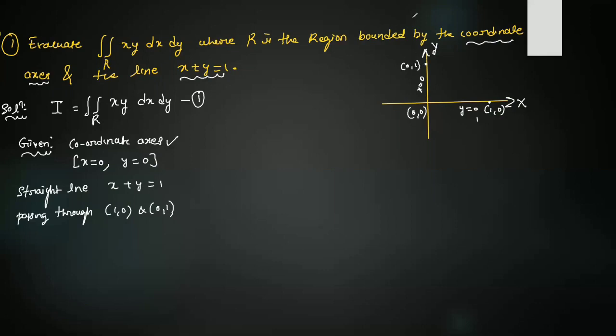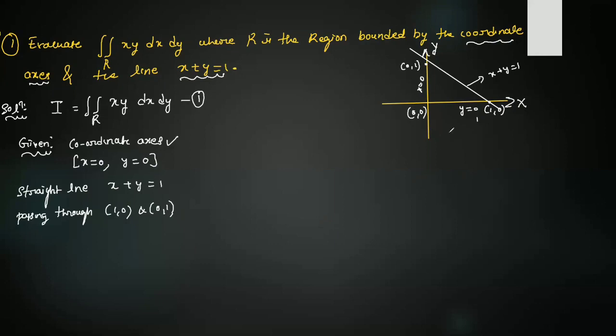So we have to draw a straight line now. Yes, this is a straight line. What is the equation of this straight line? x plus y is equal to 1. Done. What is our bounded region now? The region is bounded between these two.